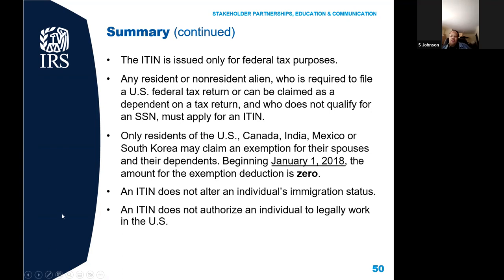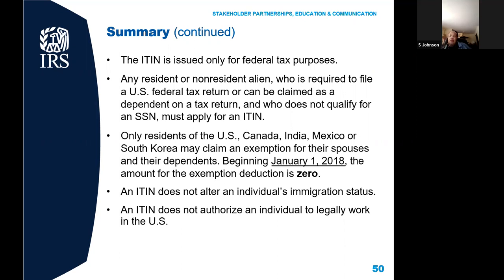When the applications first started, it was only 78, 79 in the middle. And now it's increased. Okay, the ITIN is only for federal tax purposes.